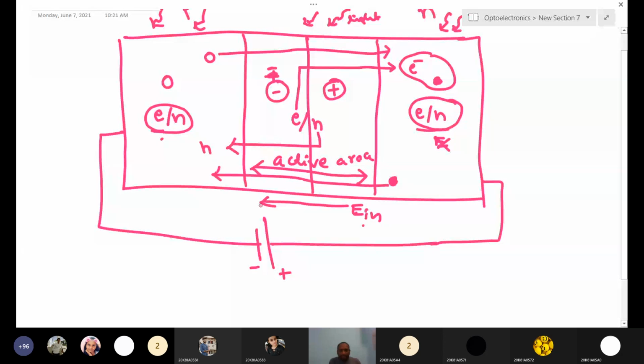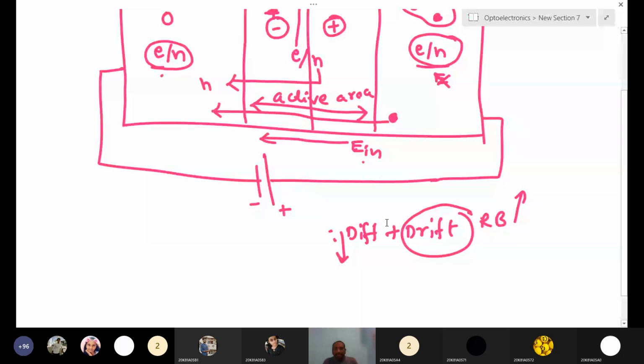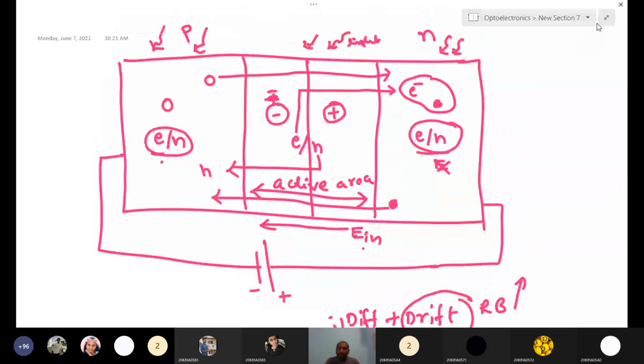So even when connected in reverse bias, a diffusion process takes place and a drift process also takes place. But in reverse bias, drift is dominant, so diffusion is very small. We will see that when we discuss the IV characteristic.